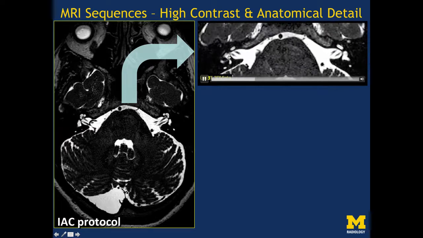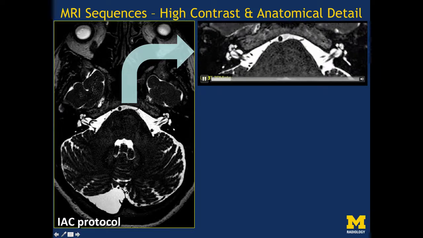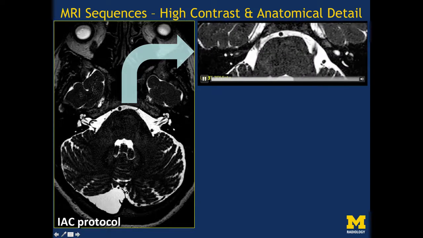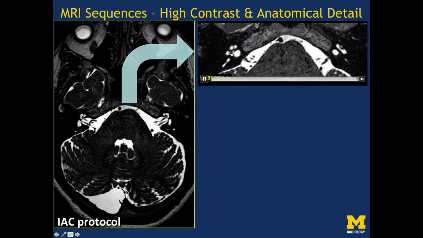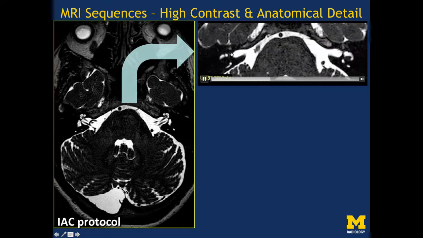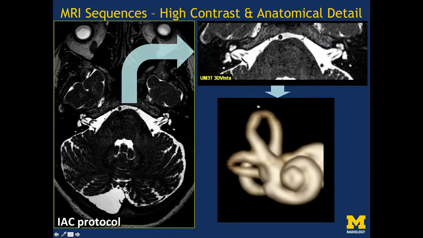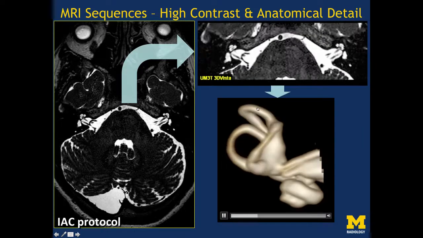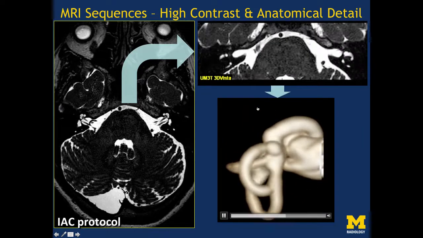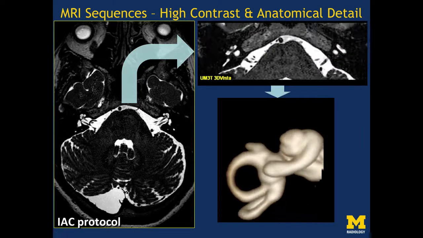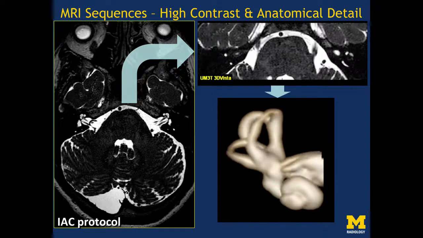These may be multi-minute scans because we're trying to get high resolution. We have to do a little bit more averaging to get good enough signal to noise to look at these tissues at these sub-half millimeter resolutions. These are just a 3D view of the surface of the inner ear canal.